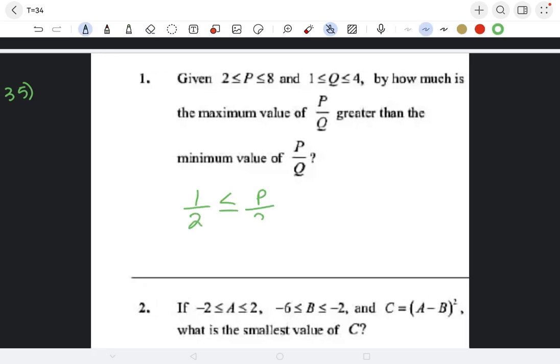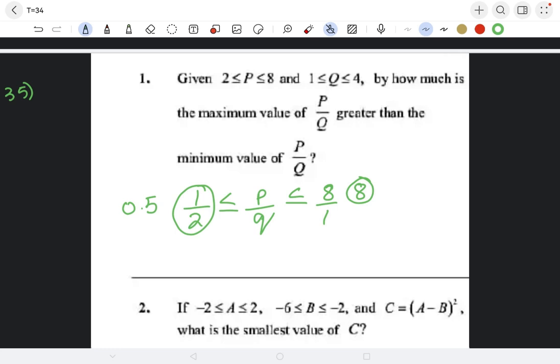P over Q, now check the other one as well. 8 divided by 1 will give you 8, and 8 divided by 4 will give you 2. So what is the maximum? 8 divided by 1. So my minimum value is 1 by 2, which is 0.5, and my maximum value is 8.